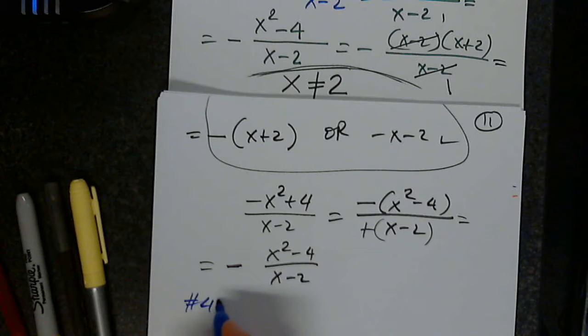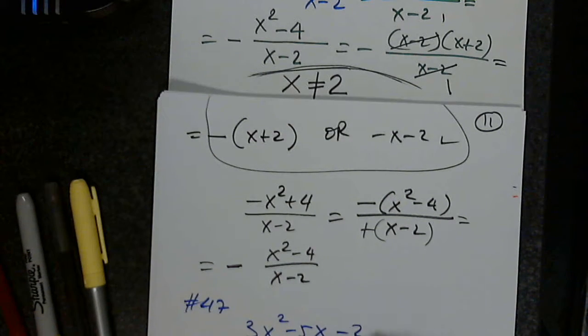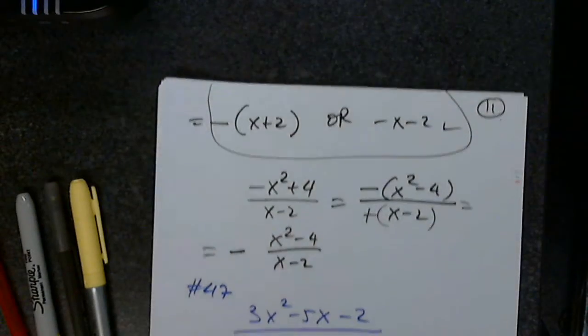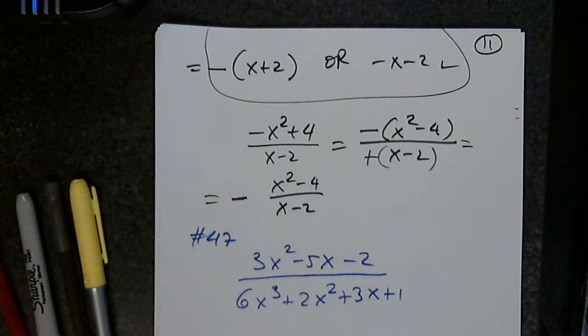Let's look at 47. 3x squared minus 5x minus 2, everything divided by 6x cubed plus 2x squared plus 3x plus 1. Yes, good luck. 3 minutes.